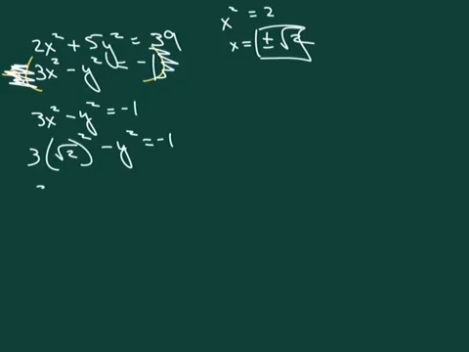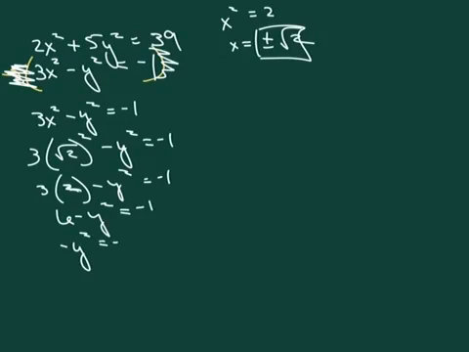Okay, so this ends up being 3 times 2, so 6 minus y squared equals negative 1. So negative y squared equals negative 7, or y squared equals 7. So y equals plus or minus the square root of 7.